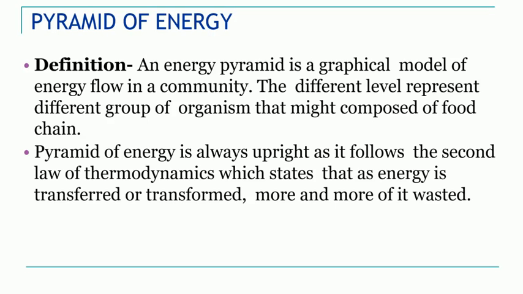So the pyramid of energy is always upright. In the previous two types we have seen it can be upright or inverted, but the pyramid of energy is always upright because it is dependent on the second law of thermodynamics, which states that energy is transferred or transformed more and more, or it is wasted.